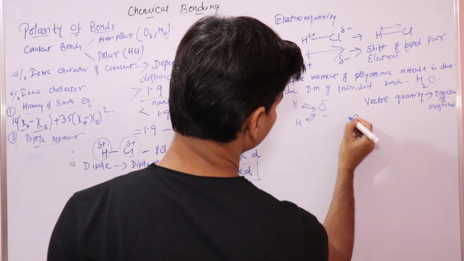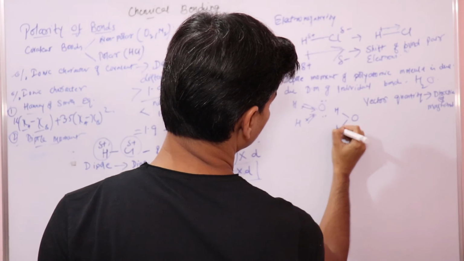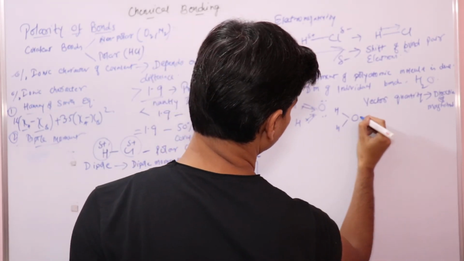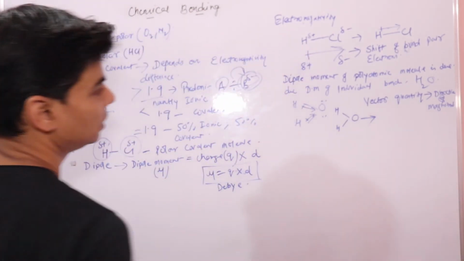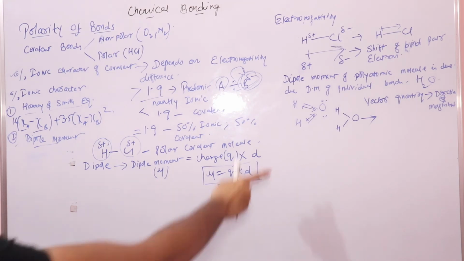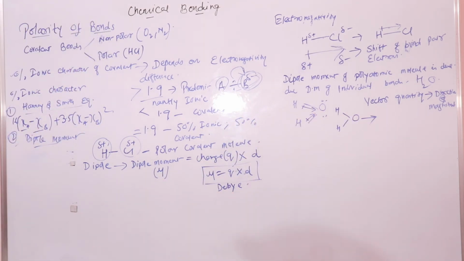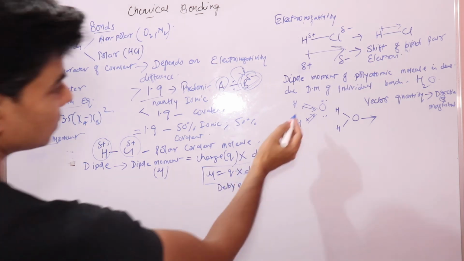This is how you will represent it. Net dipole moment would be in this direction, since both are in this direction, and the resultant dipole moment is the vector sum of both the dipole moments of the OH bonds. We have two OH bonds, one is this bond, one is this bond.